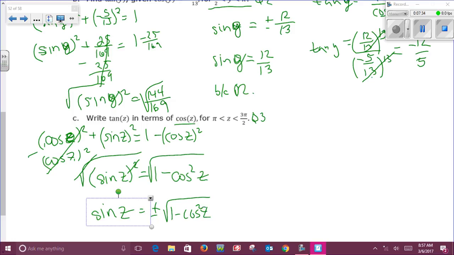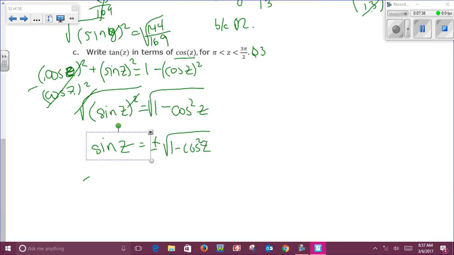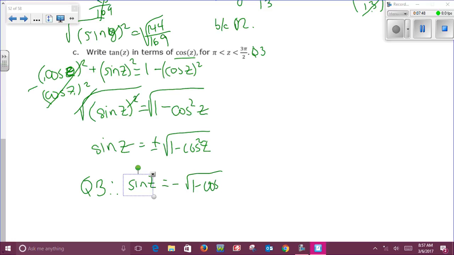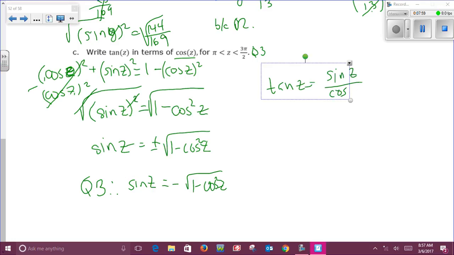Now, we said we were in quadrant 3, so in quadrant 3, sine is negative. Therefore, sine z is a negative square root of 1 minus cosine squared z. Remember, tangent is sine over cosine.